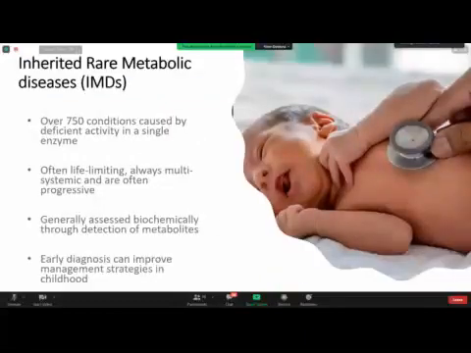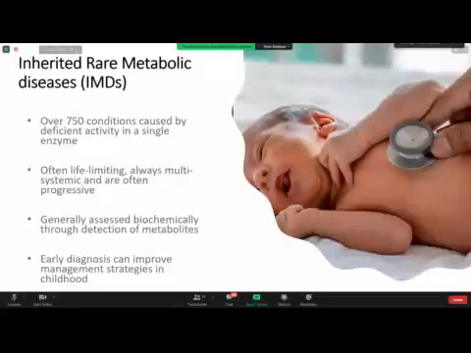Then we have another condition where we have inherited rare metabolic diseases. So around 750 conditions are caused by a deficient enzyme in single enzymes. Someone asked the question previously. So we have more than 750 metabolic conditions.